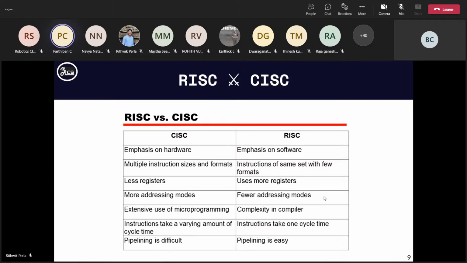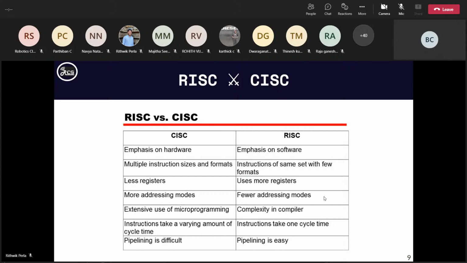In the complex instruction set architecture, the instructions will be less, but the cycles for executing them will be more. Whereas in RISC, instructions will be more, but the cycles for executing will be very, very few. That is only one clock cycle per instruction.